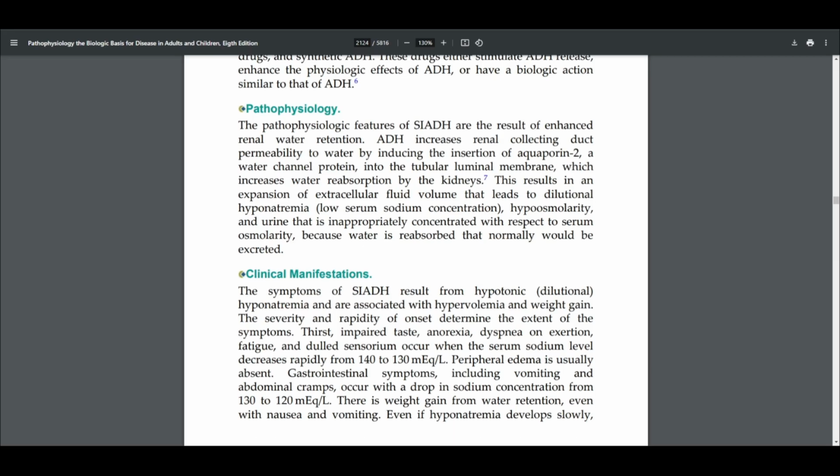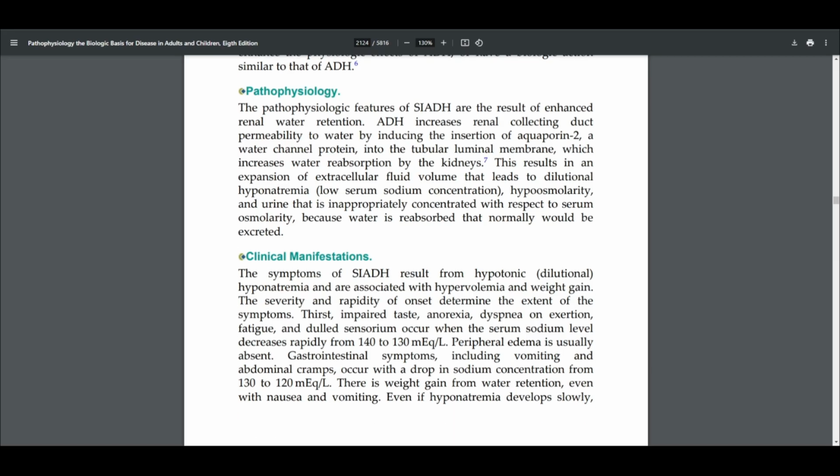So what is the pathophysiology? The pathophysiologic features of SIADH are the result of enhanced renal water retention. ADH increases renal collecting duct permeability to water by inducing the insertion of aquaporin-2, a water channel protein, into the tubular luminal membrane, which increases water reabsorption by the kidneys.